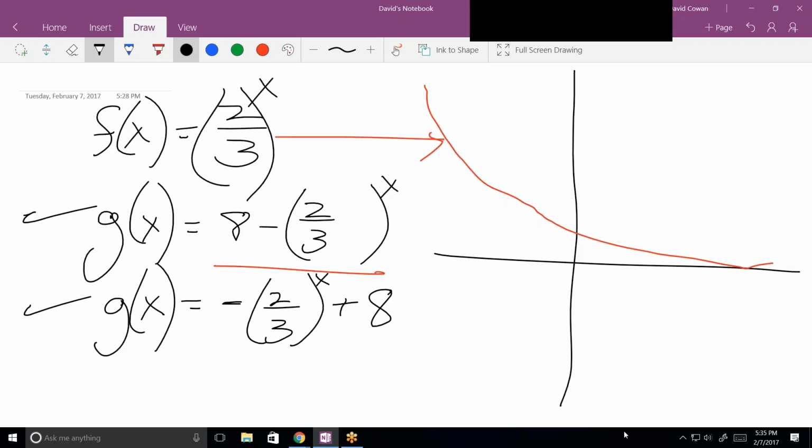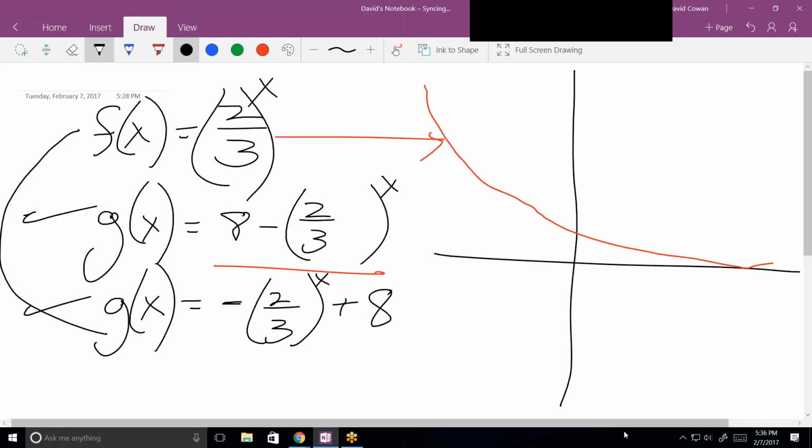Only it's a little bit easier now to see what two transformations have happened. What two things are different from the original to this one? Well, it's reflected over the x and then also the y-axis.